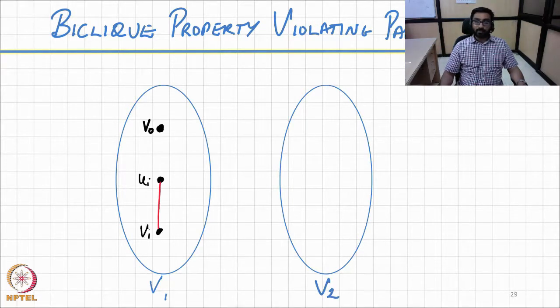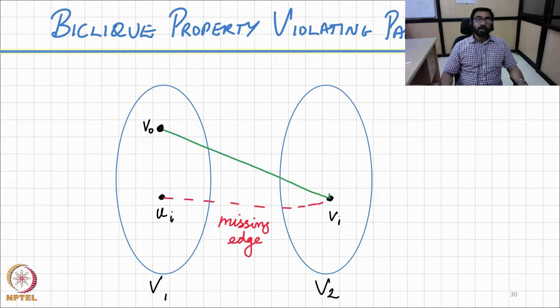Well, we can have edges of the form shown here, where both ui and vi, the sampled pair, are non-neighbors of v0. Or you can have ui, which is a non-neighbor, and vi, which is a neighbor, but this means that there must be an edge between the two of them. And if that edge is missing, then that's another violation.